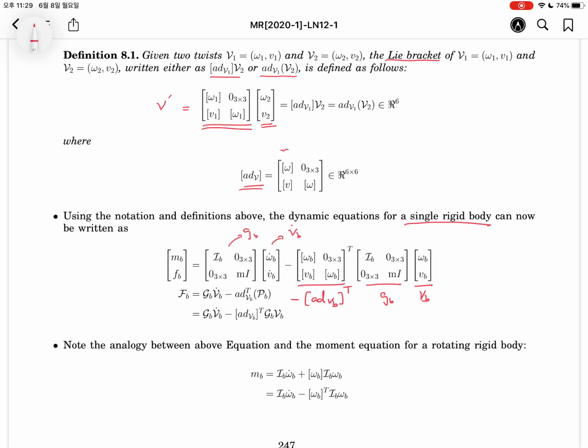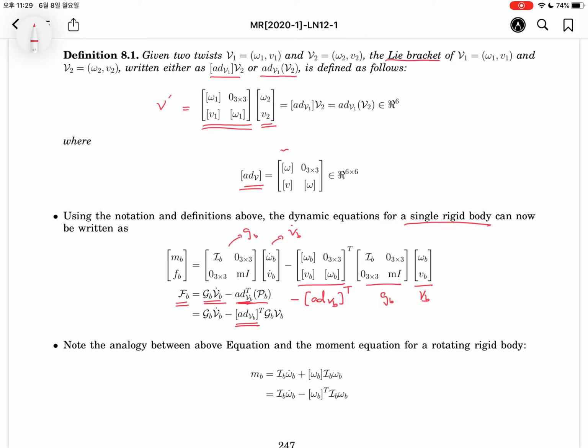So if you write down this equation as one equation, it is GB VB dot minus the Lie bracket of VB and the special momentum. Okay, so it can be written using the bracket notation as adjoint VB transpose. Both are the same as each other.